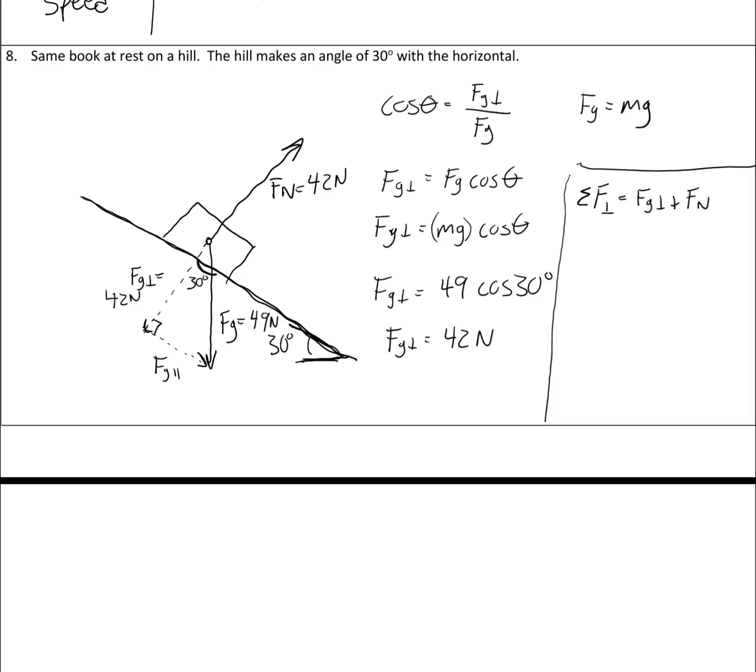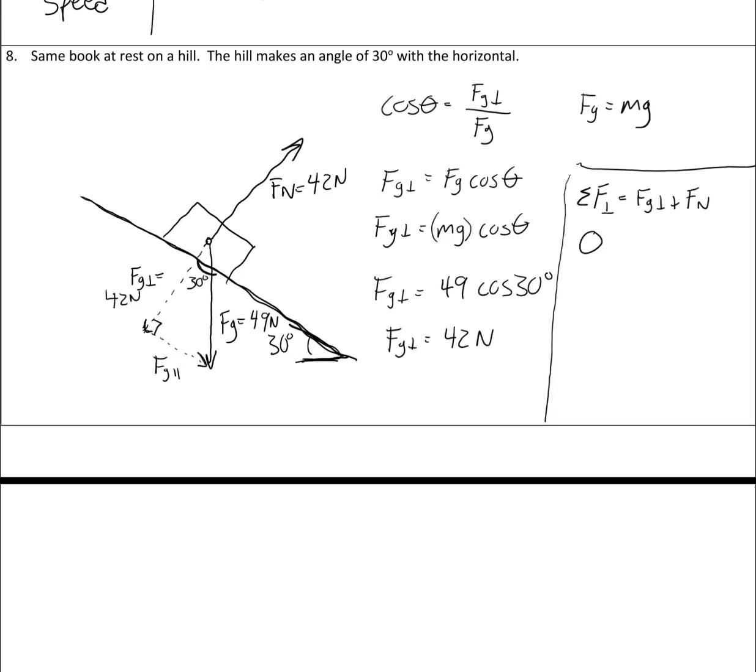The net force in the perpendicular direction is 0. You're not flying off the hill or going through it. In the perpendicular direction, you're not going anywhere. Maybe you're sliding down the hill, maybe not, but you're definitely not flying off the hill.